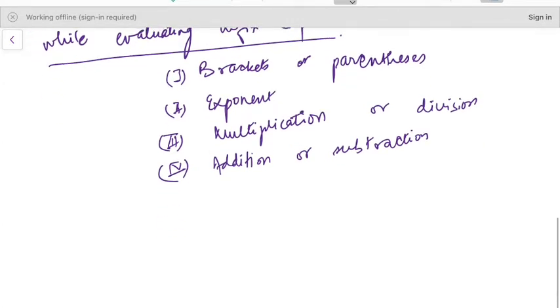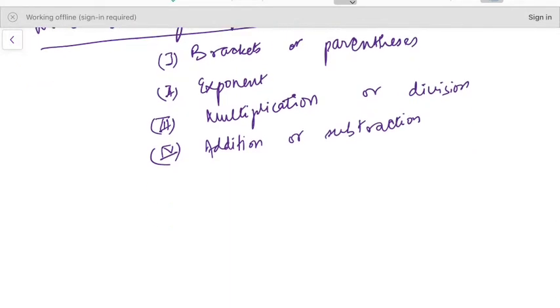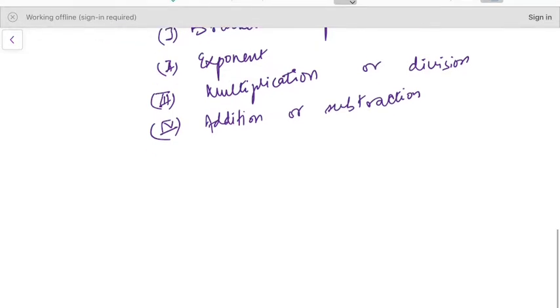So this priority is also maintained in the conversion of infix expression to postfix expression. So that's why I have told you that in infix expression we use this priority. So while we have this conversion, we should maintain this priority. So we'll see why, right? We'll see why in a short while.